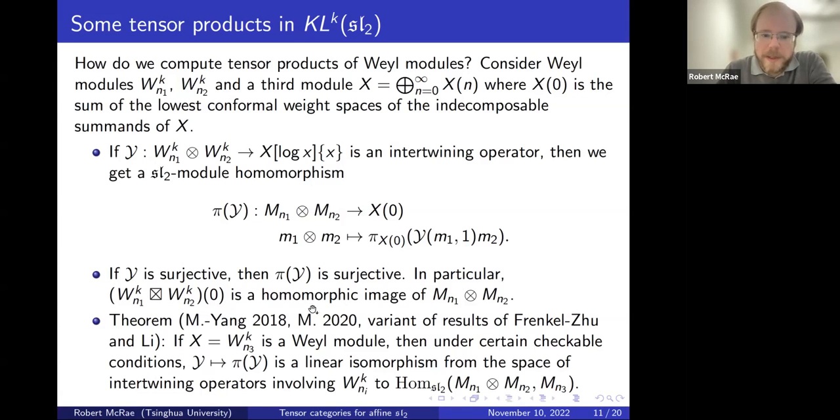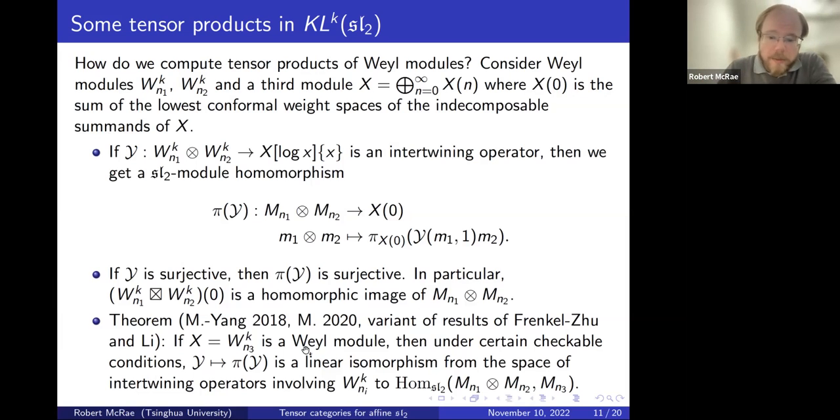So its lowest weight space has to be a homomorphic image of M1 tensor M2, if these are the two lowest weight spaces of WN1, WN2. And so this gives you some upper bound on how many intertwining operators you can get.